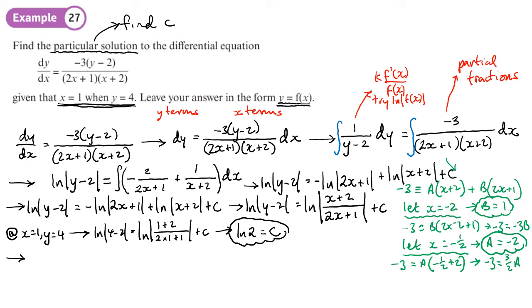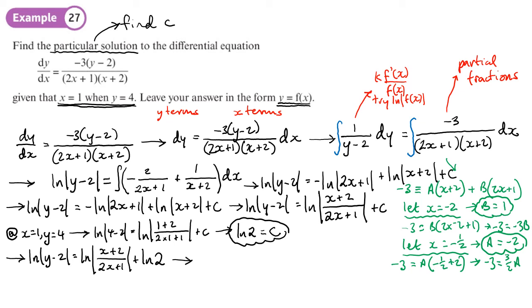Right, so we can substitute that in and then make y the subject. So now we have our value of c: natural log y minus 2 equals natural log of x plus 2 over 2x plus 1 plus log 2. So let's put that log 2 in there.